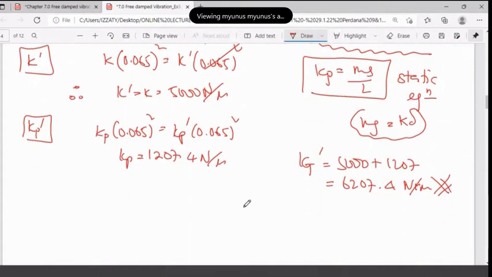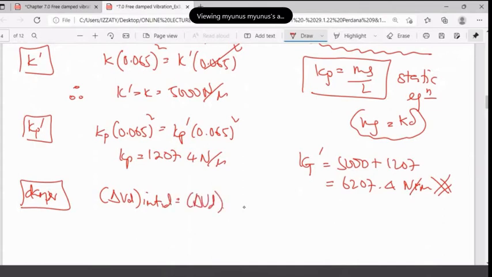Now we can calculate the omega n, but let us first go further to look for the damper. You do the transfer one time only. Then we use all the parameters to solve every problem. So this one is delta VD damper initial equal to delta VD damper equivalent.